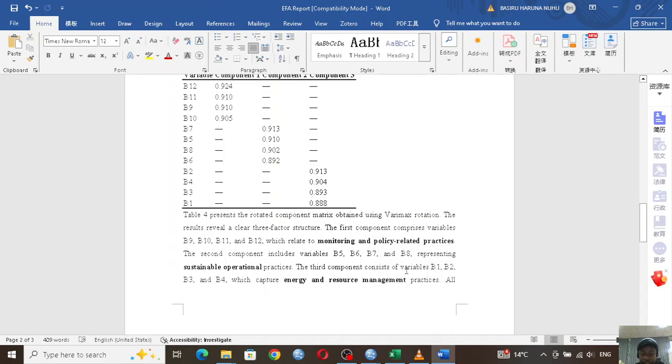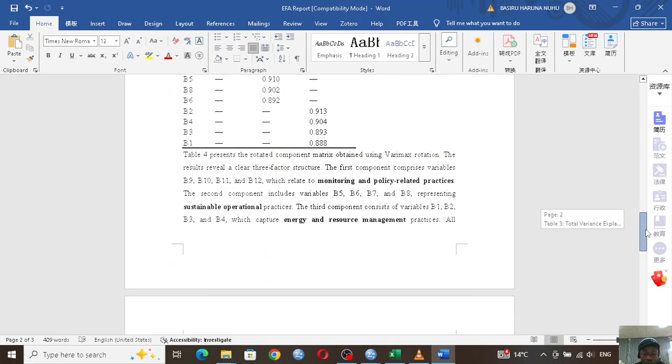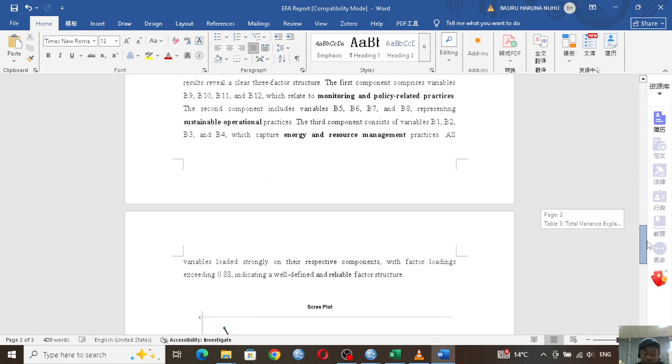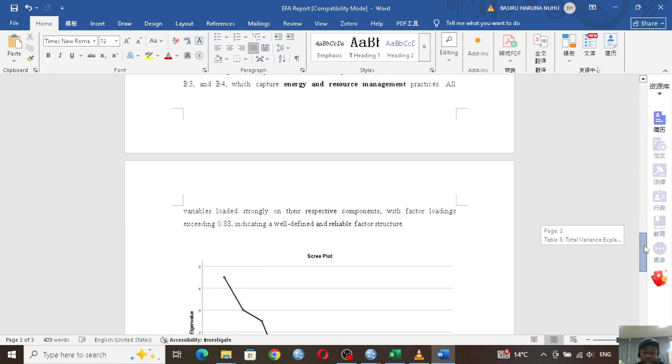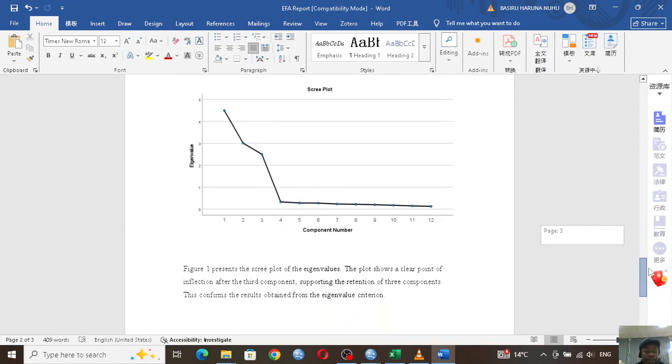The third component, B1, B2, B3, B4, captures energy and resource management. All variables loaded strongly on their respective components, with factor loadings exceeding 0.88, indicating a well-defined and reliable factor structure. And then the scree plot here is just confirming.